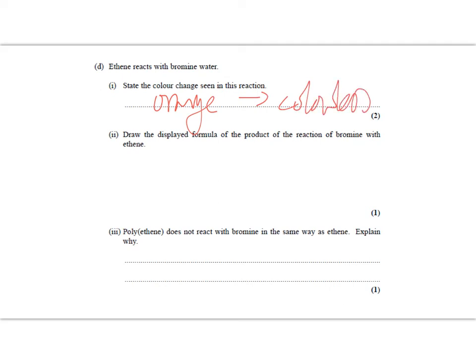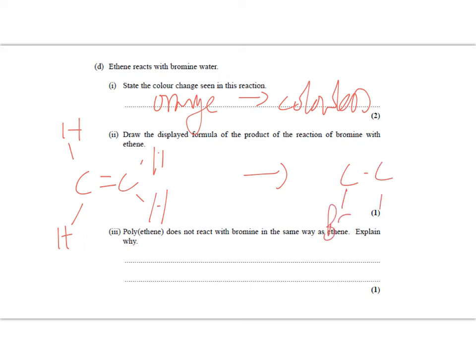And the displayed formula of the product of the reaction of bromine with ethene, well, this is an addition reaction. So if I just draw out ethene very quickly, in this addition reaction the double bond is going to break, and you're going to get the bromine atoms added either side of where the double bond once was.